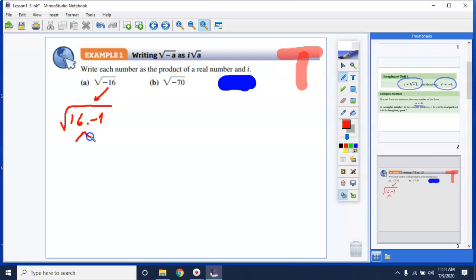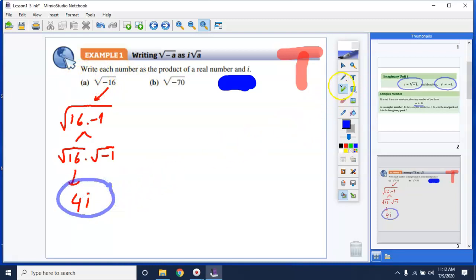And I'm going to separate them: square root of 16 times square root of -1. Right now I know this one. Square root of 16 was 4, and I just learned this one, square root of -1 was i. So the answer to A should be 4i.